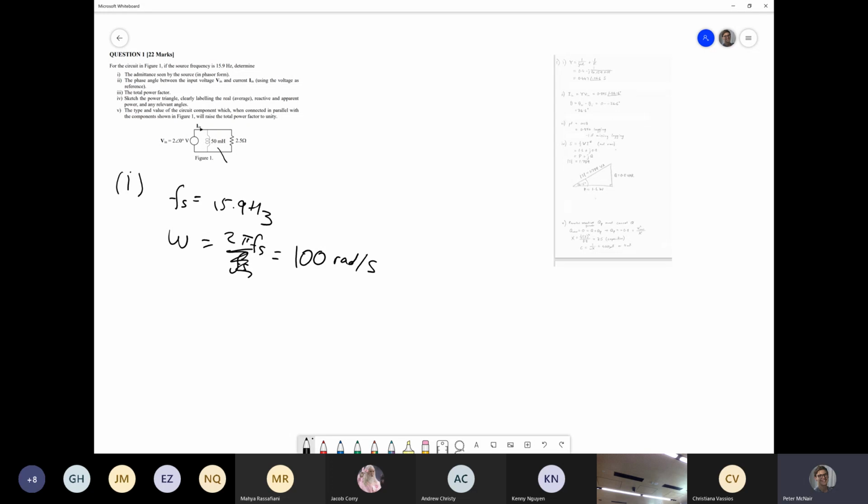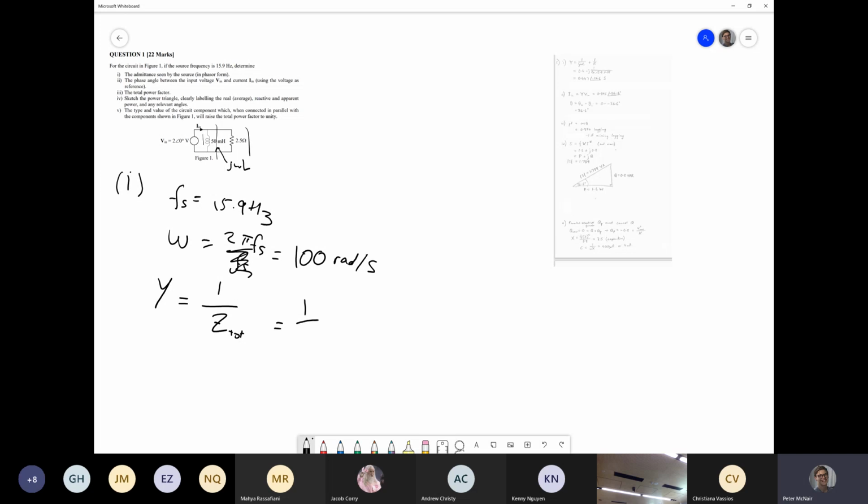So this is j omega L. Admittance is 1 on the total impedance, which is actually the sum of these, because remember these are in parallel.